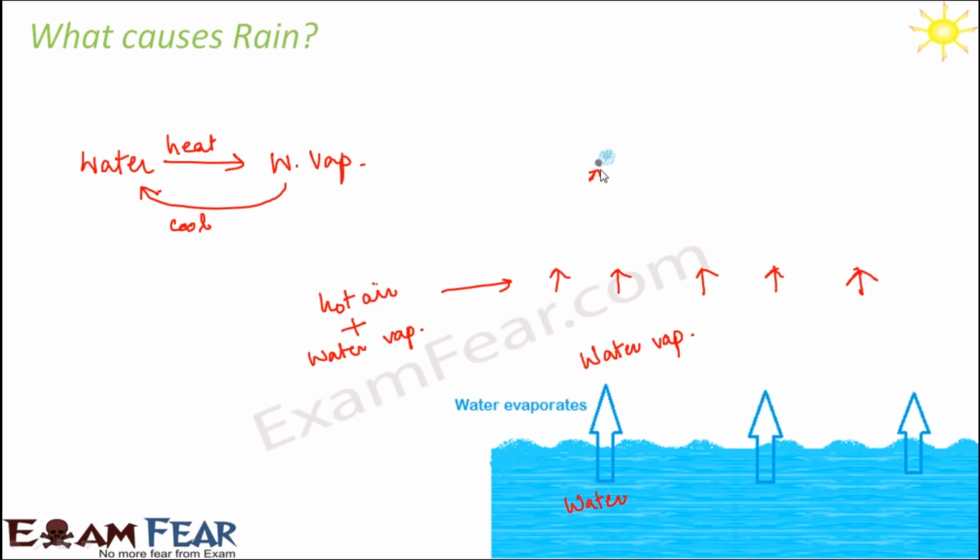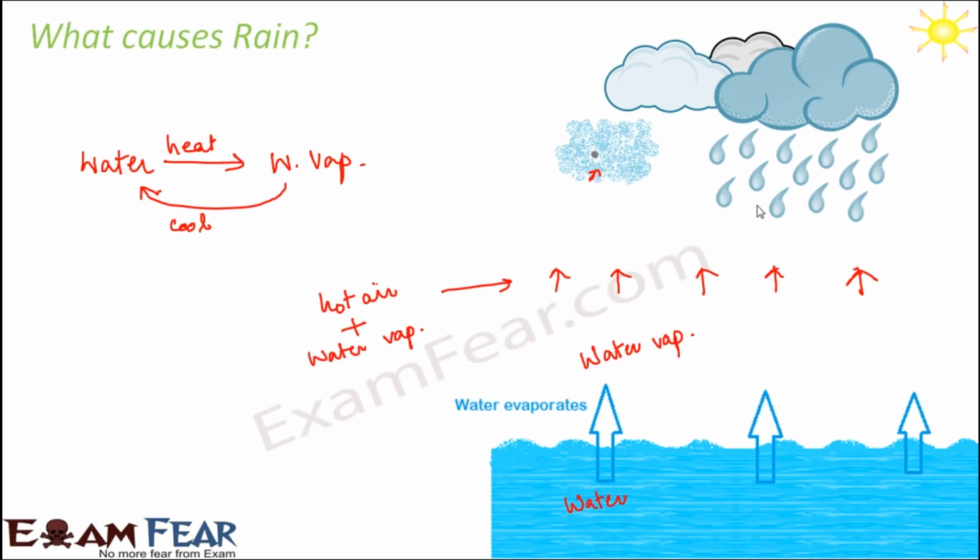On this dust particle, the liquid water droplet starts accumulating. You had a lot of water vapor here, and all of that water vapor is gradually getting converted to liquid water droplets. All of these droplets condense together, they group together, and gradually they turn bigger and bigger. And this is what makes the cloud.